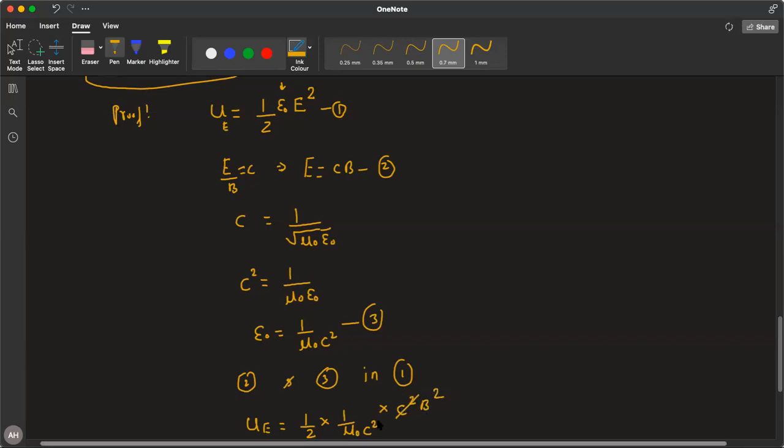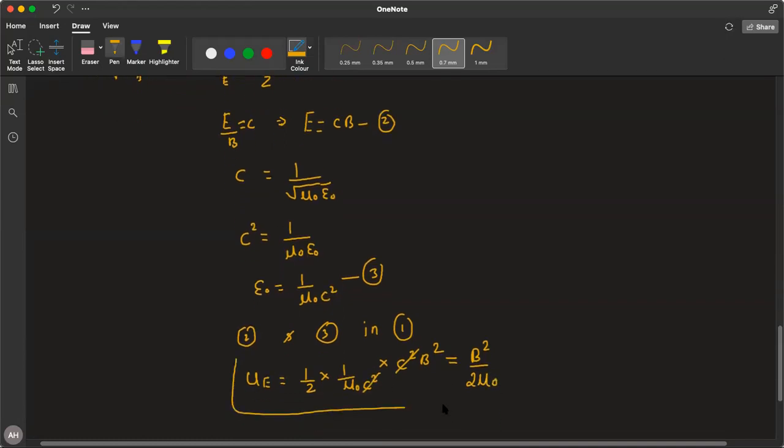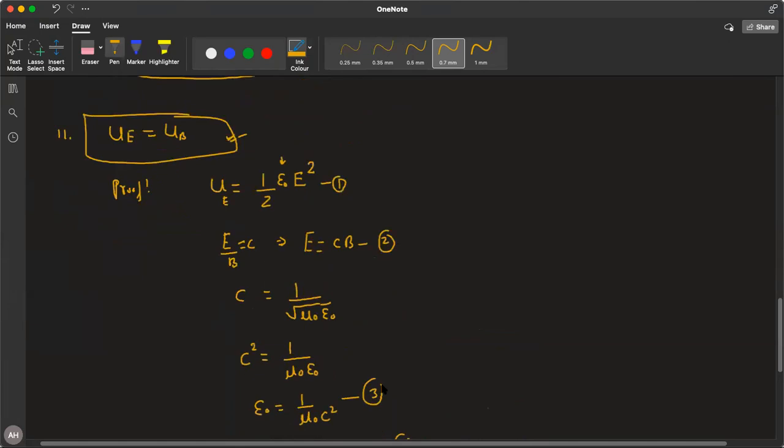So C square cancels out with C square. This is B square by 2 mu naught. So electric energy density comes out equal to magnetic energy density. This is how we can prove that electric energy density and magnetic energy density are equal. Is this proof clear for everyone? Yes, sir. Okay. Note it down.